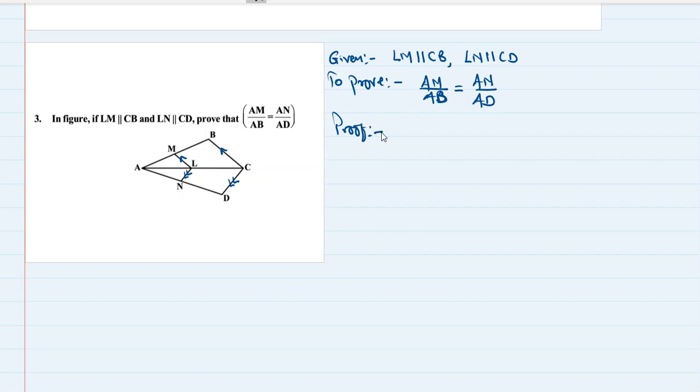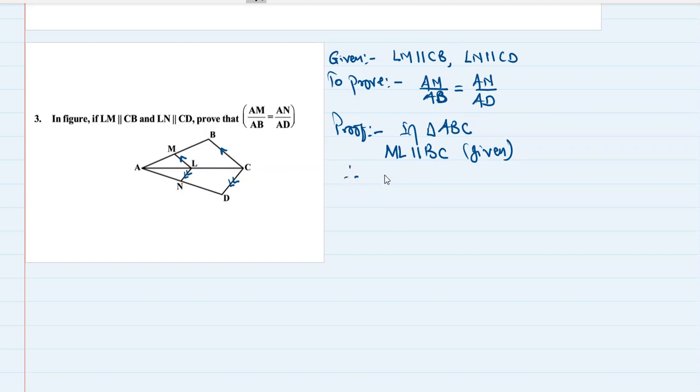Proof, yes. In triangle ABC, if you see triangle ABC, ML will be parallel to BC, right? Or LM is parallel to CB, whichever way you want to say. This is given.